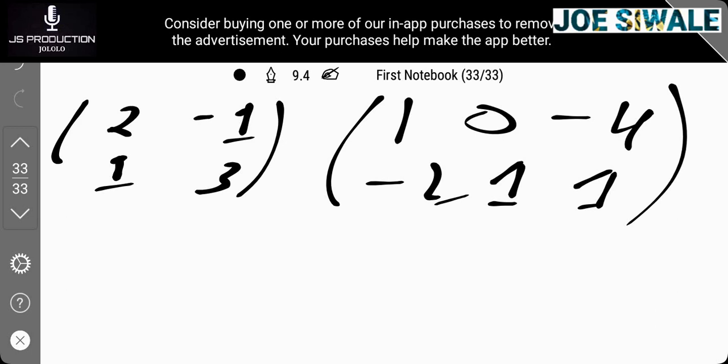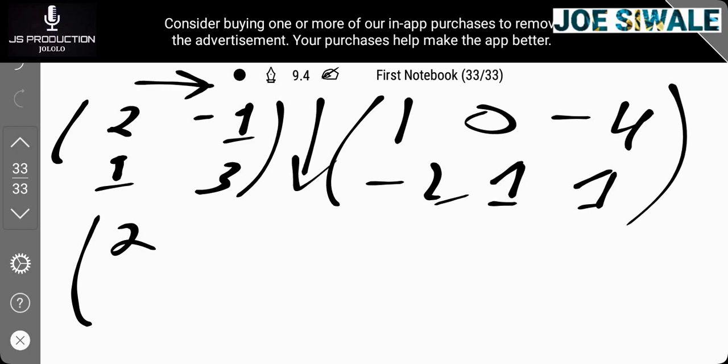So 2 multiplied by 1, that's 2, and I know that when multiplying two matrices I use row by column. So 2 multiplied by 1, that's 2, plus negative 1 multiplied by negative 2, that's 2. 2 multiplied by 0, that's 0, plus negative 1 multiplied by 1, that's negative 1.